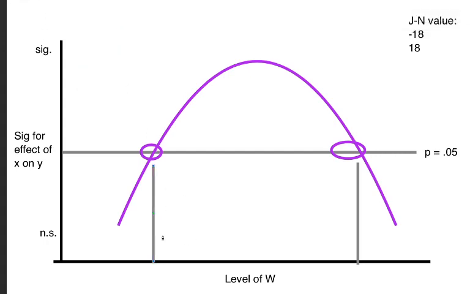Here, at low values of the moderator, there's no significant relationship. At very high values of the moderator, there's no significant relationship.